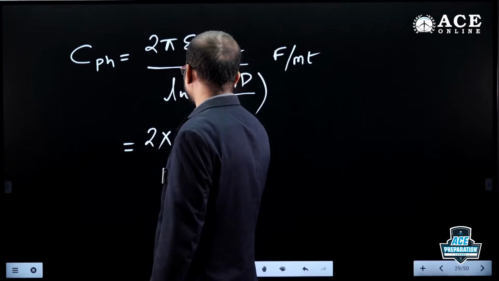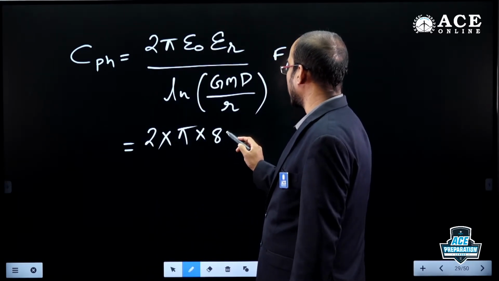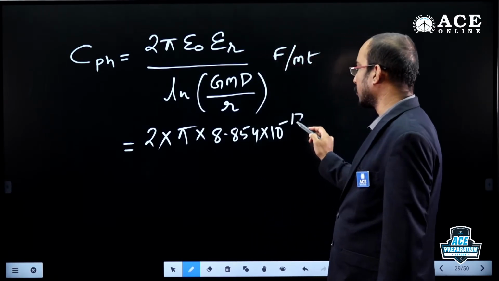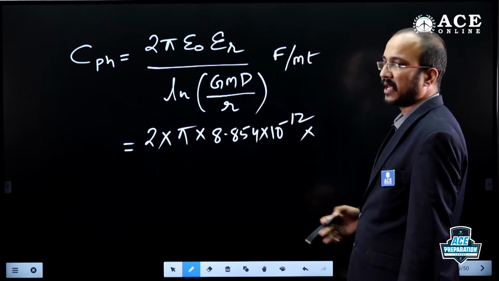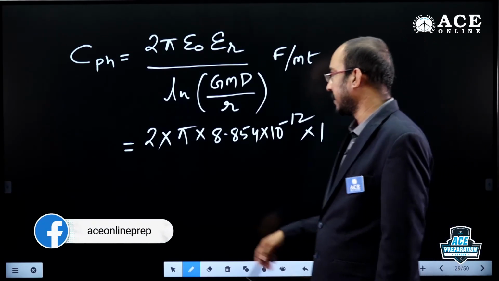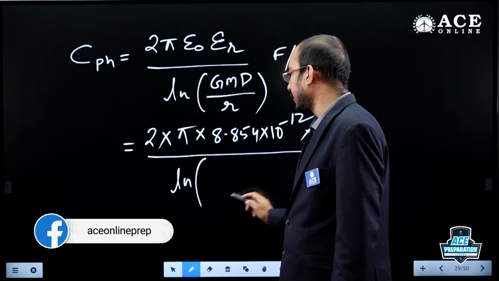2 into pi into epsilon naught, which is 8.854 into 10 power minus 12. Relative permittivity, here the conductors are spaced in the medium of air, so relative permittivity is 1, over ln of GMD.